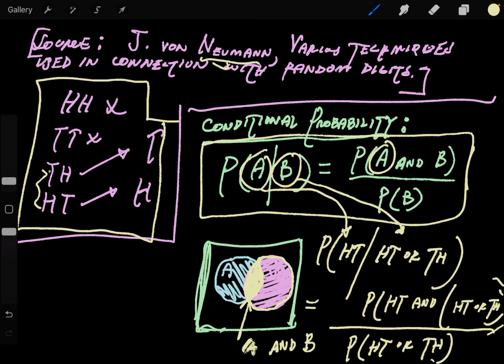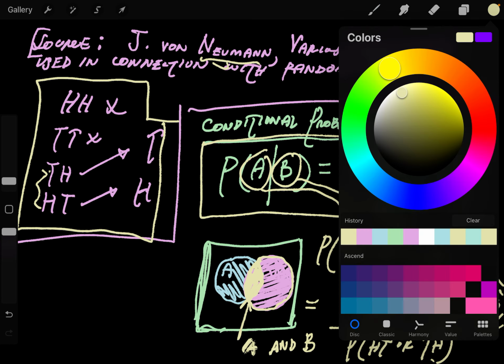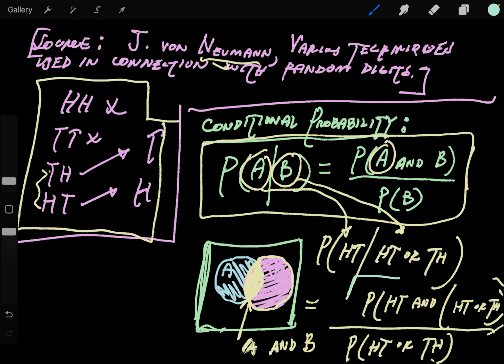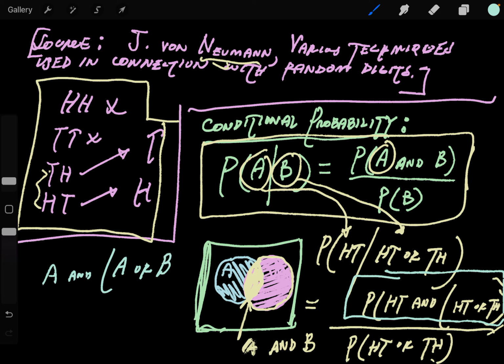And we need to first see what the top one is. We just need to convince ourselves that it is actually just the probability of heads tails. Because if you think of it in terms of sets, A and A or B, that's just A. So if we look at this picture again, let's say this is B over here.